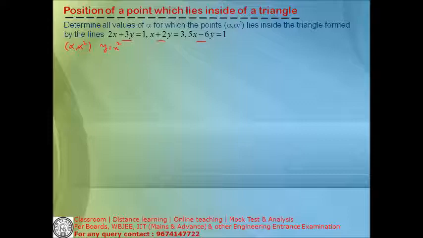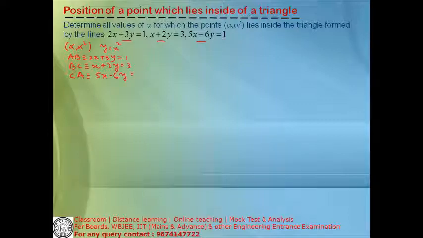Now let us take the three sides of the triangle. Let AB is 2x plus 3y is equals to 1. BC is x plus 2y equals to 3, and CA is 5x minus 6y is equals to 1.